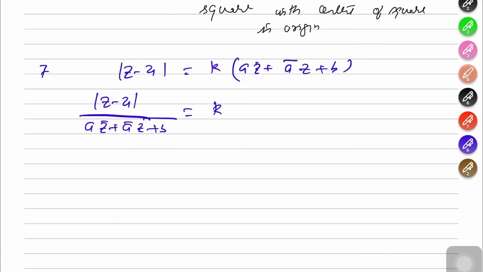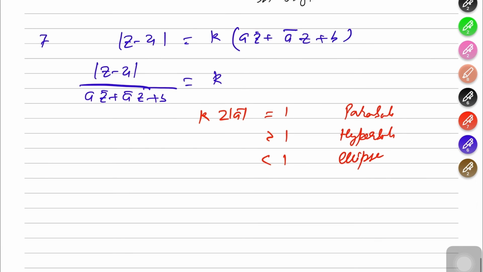In this case, if k into 2|a| is equal to 1, then parabola; greater than 1, then hyperbola; less than 1, ellipse; equal to 0, circle. Okay, so these are the list, and we can quickly solve some of the problems.